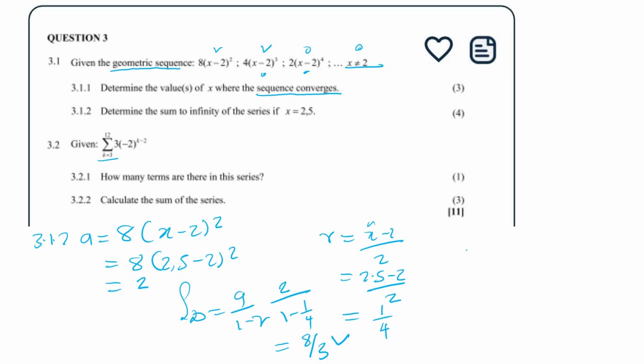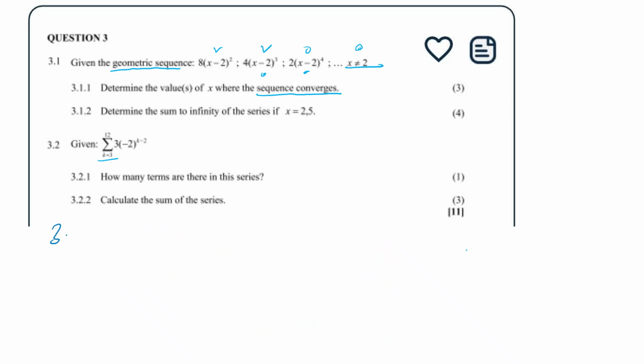Very good. Therefore now 3.2.1. How many terms are there in this series? Remember, for us to find the number of terms in the series, our n is going to be what?